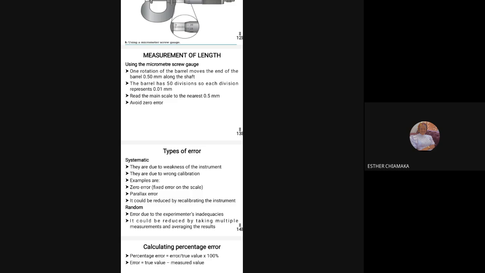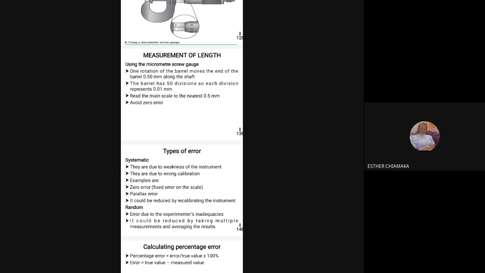So it's usually due to zero error in the instrument. Maybe the person is not looking at the right angle, or the instrument already has a deficit or an excess before the reading is taken. Is that clear? Yes, sir.